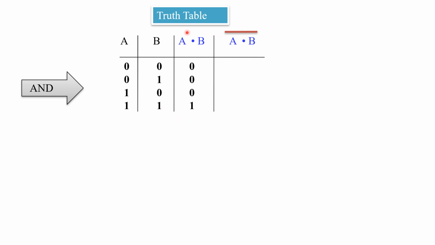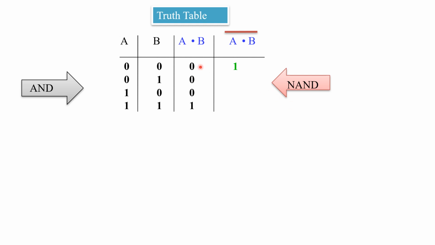For the AND gate, the output is 0 for 00, 0 for 01, 0 for 10 and 1 for 11. So the NAND is nothing but AB bar, that is the complement of AND. When A is 0 and B is 0, what will be the NAND output? 0 bar, 0 bar means 1.